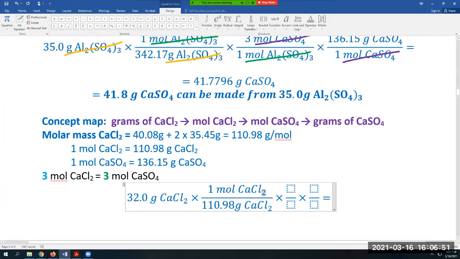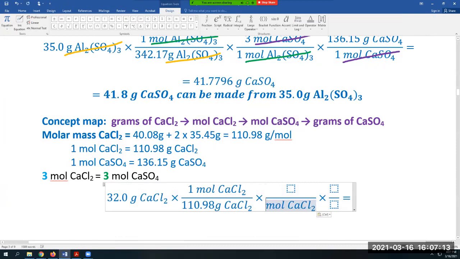Okay, so that changes the grams of calcium chloride to moles of calcium chloride. And in the next step, we need to change the moles of calcium chloride to moles of calcium sulfate. And here we have moles of calcium chloride in the numerator, so we need that in the denominator in the next step.